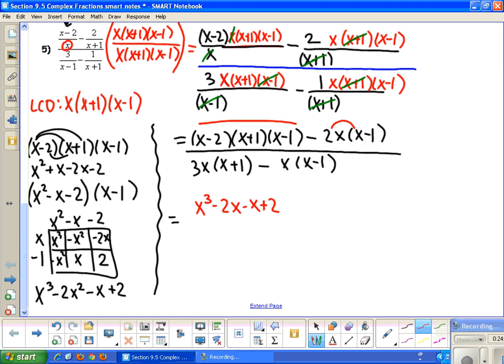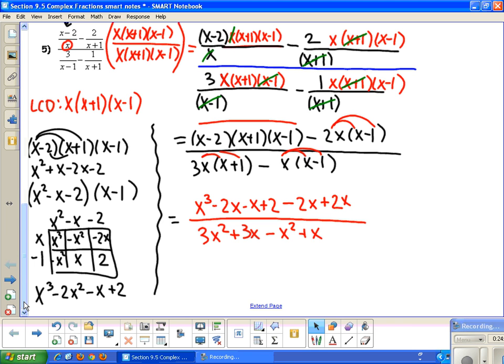So now I got to distribute the negative 2x to each term. So minus 2x squared and then minus 2x times negative 1 because positive 2x over, and now I need to distribute my denominator. So 3x squared plus 3x, and then distribute the negative x, so minus x squared plus x.